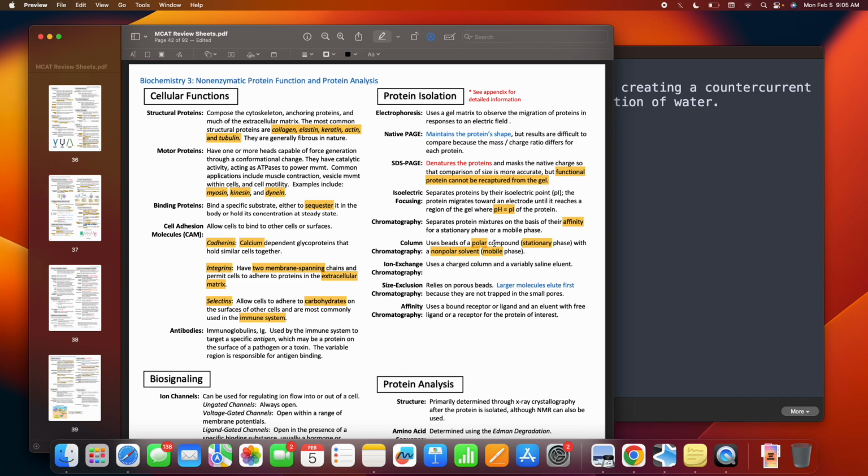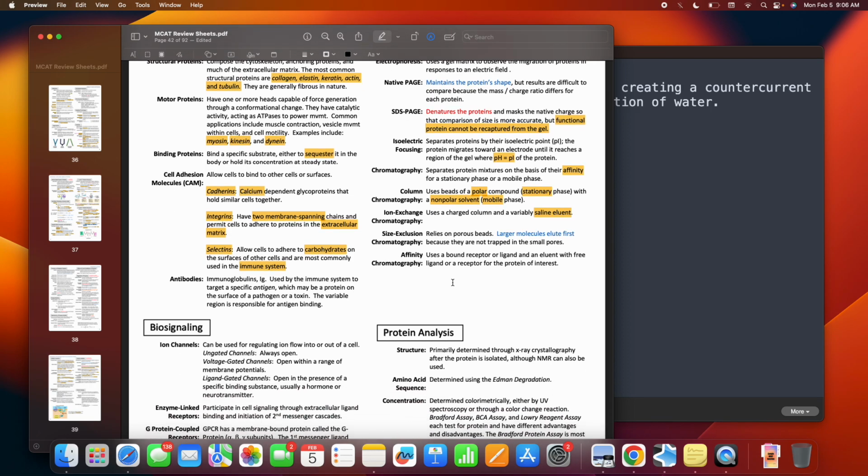Ion exchange chromatography uses a charged column and a variably saline eluent. Then we have size exclusion chromatography, which relies on porous beads. Larger molecules elute first because they are not trapped in the small pores. And affinity chromatography, which uses a bound receptor or ligand and an eluent with free ligand or receptor for the protein of interest.